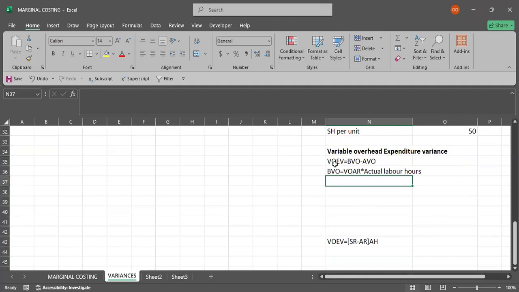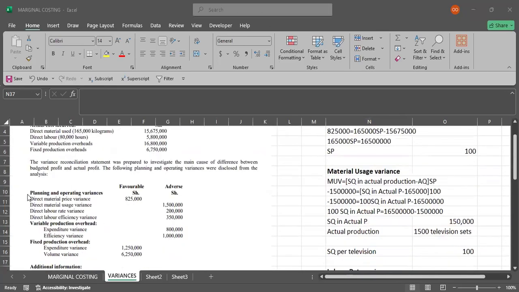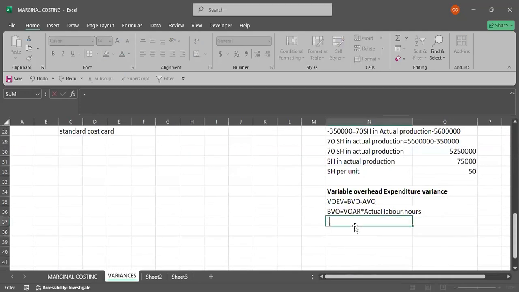It is an advance of 800,000. So we come to this part: 800,000 is equal to budgeted variable overhead, which we do not have, minus actual variable overhead.